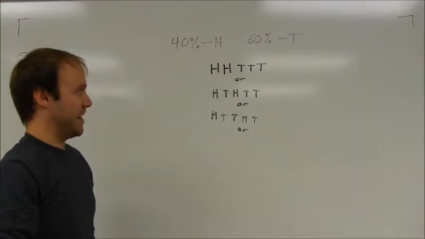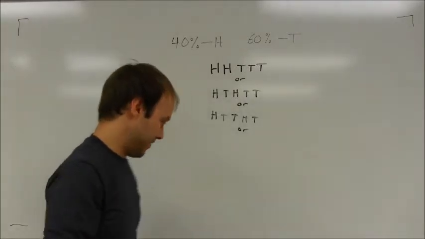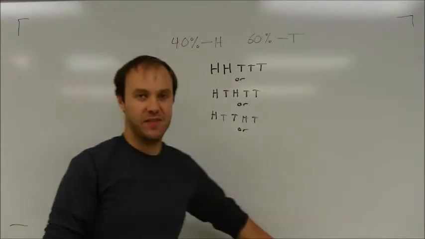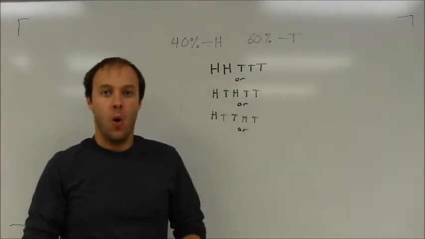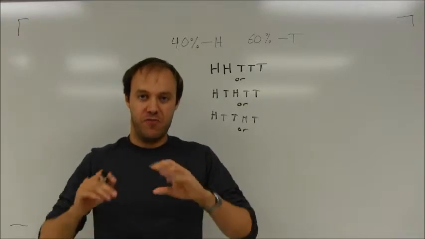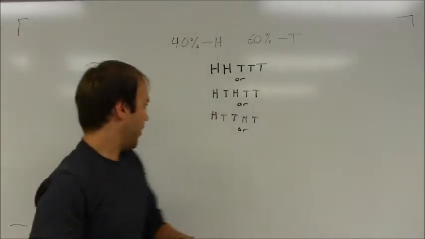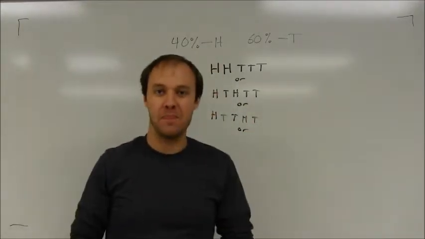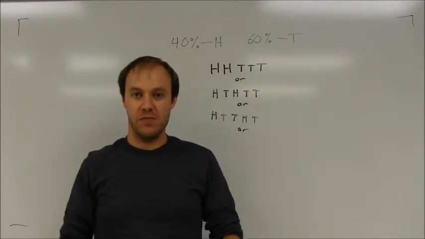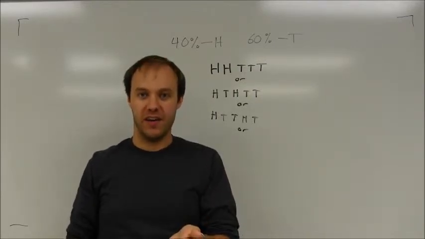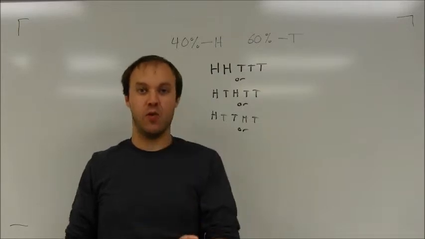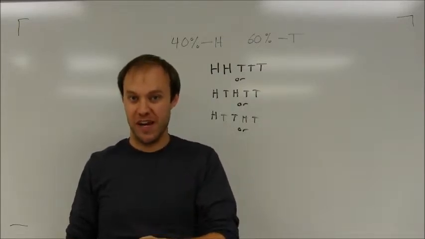So here's the idea. The basic idea is relatively straightforward. What I'm going to do is forget about all of these different arrangements for right now. I'm going to find the probability just of one ordering of flipping a coin 5 times and having 2 heads and 3 tails.